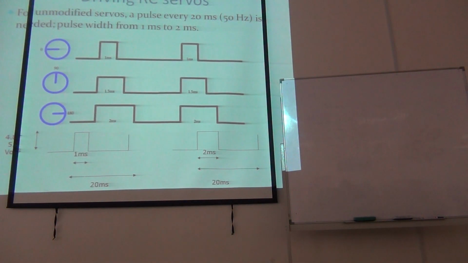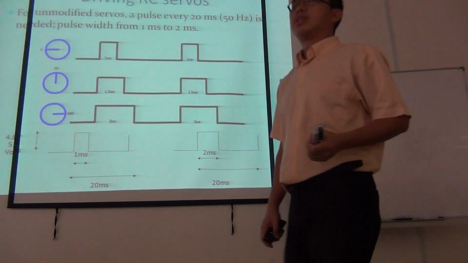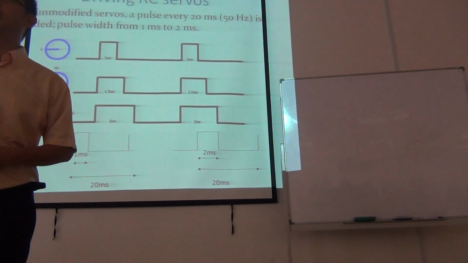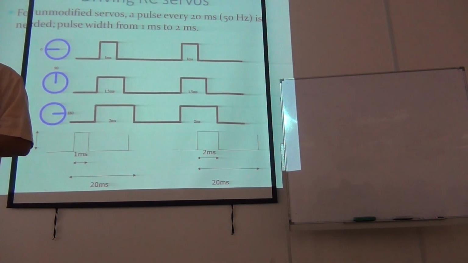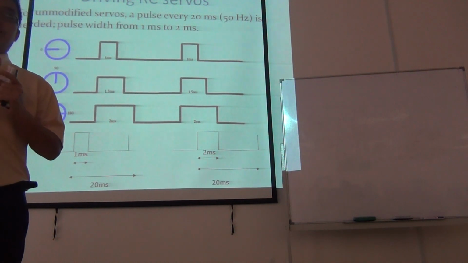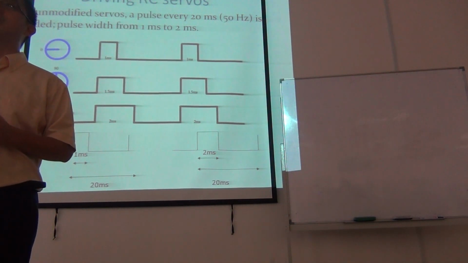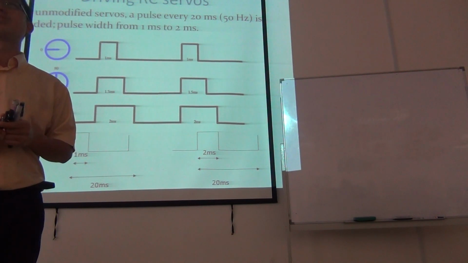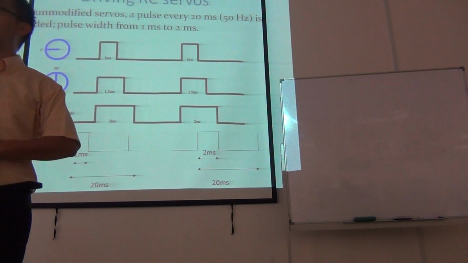So how to control that? To control a servo motor, you still require to use PWM. The only exception is you are not going to use CCP pins. CCP pins cannot support this type of PWM.